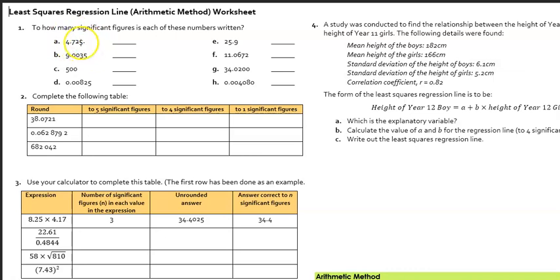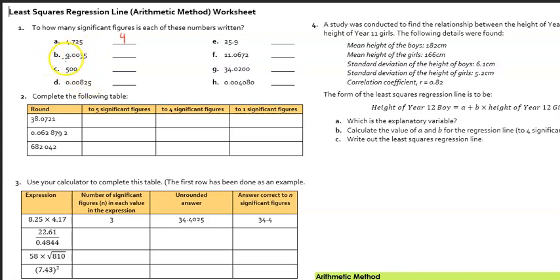In this case, we know that every single number is non-zero. So regardless of whether there's a decimal point there or not, we know for a fact that there are 4 significant figures within here. The second one, anything after the decimal point, we have to consider whether these are significant or not, but it also depends on whether this number leads with any zeros.